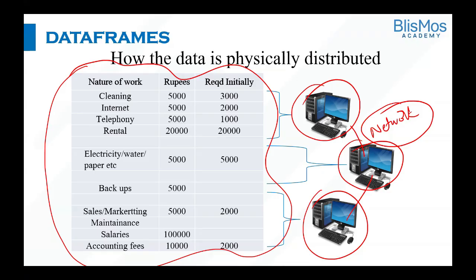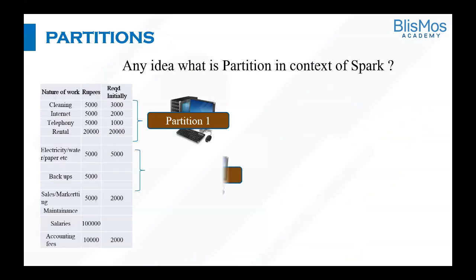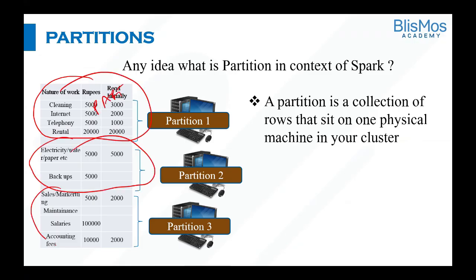So DataFrame is the core data structure, like a table with columns and rows, an important structured API of Spark. Parts of the data are called partitions.